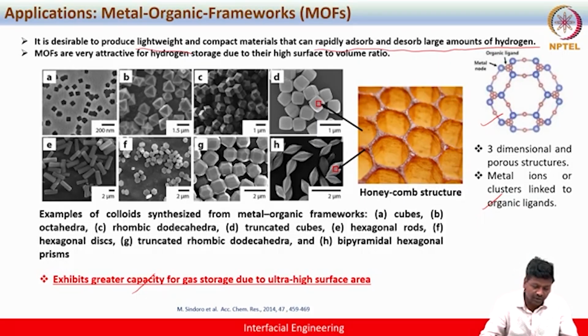But what is so unique about this structure is that it forms a honeycomb-like structure, wherein the metal atoms are connected with the organic ligand, and because it provides a three-dimensional porous structure, the storage capacity, the absorption capacity, is also increased several fold.